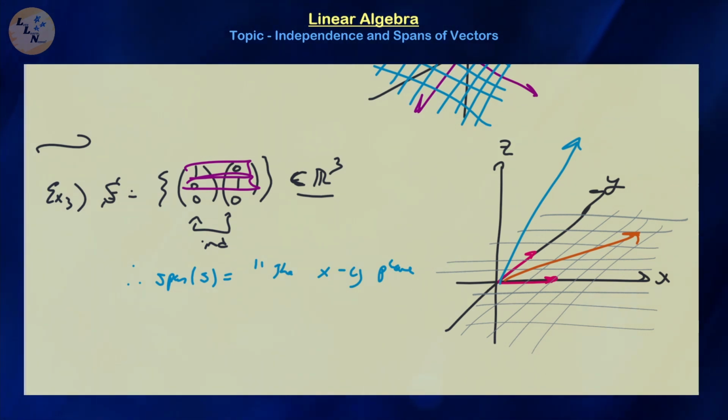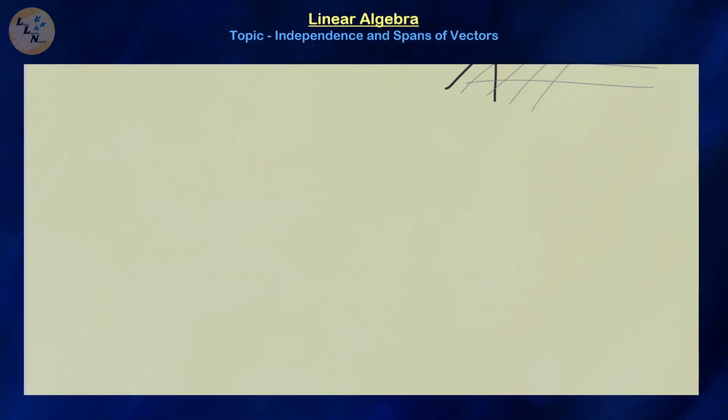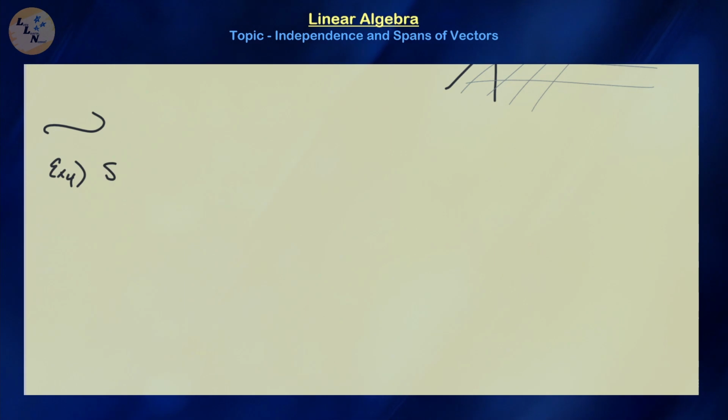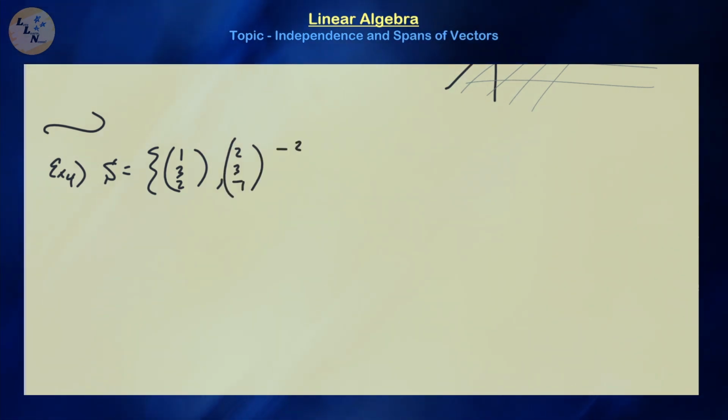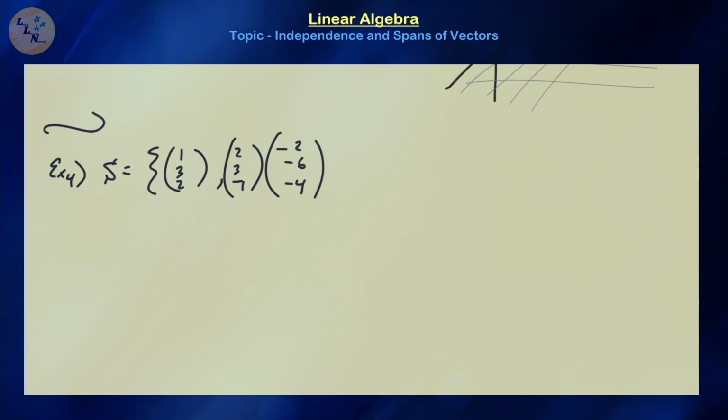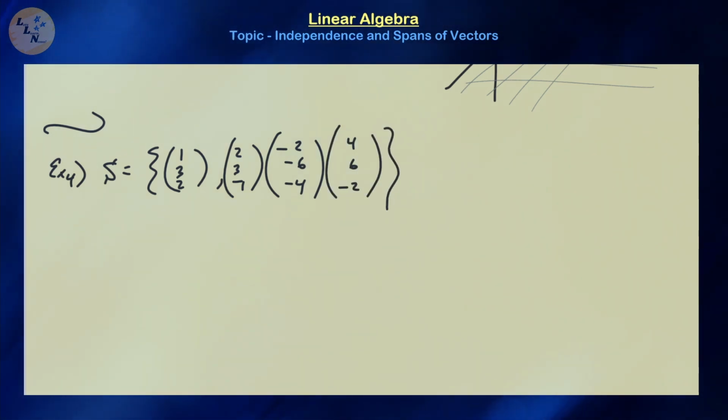Let's do one more example of a span of vectors in R3, just to see if we get the big picture. Let's assume we have S equal to (1, 3, 2), (2, 3, -1), (-2, -6, -4), (4, 6, -2).